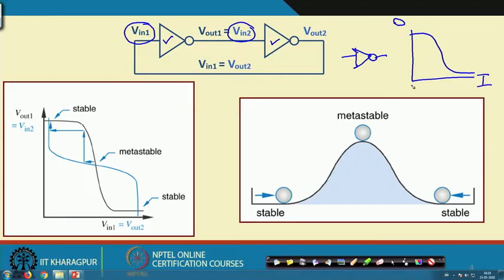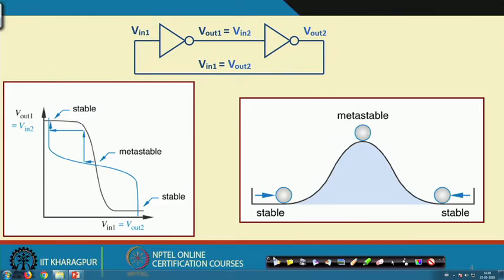This is 0 volts and this is some maximum. When the input is 0, the output is at a high level, and there is a point where the output slowly starts to change, and beyond a point the output is more or less at low level. This is how an inverter works.